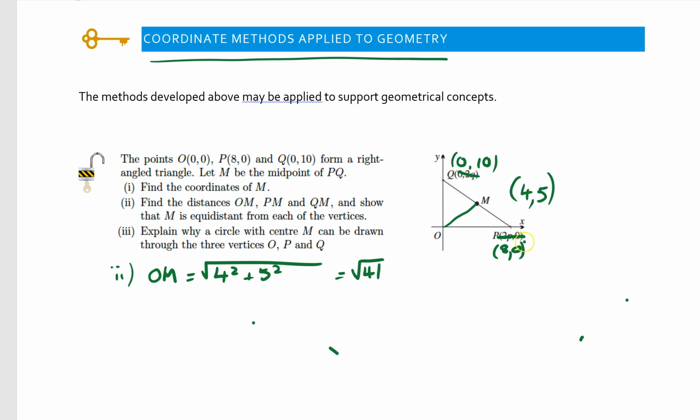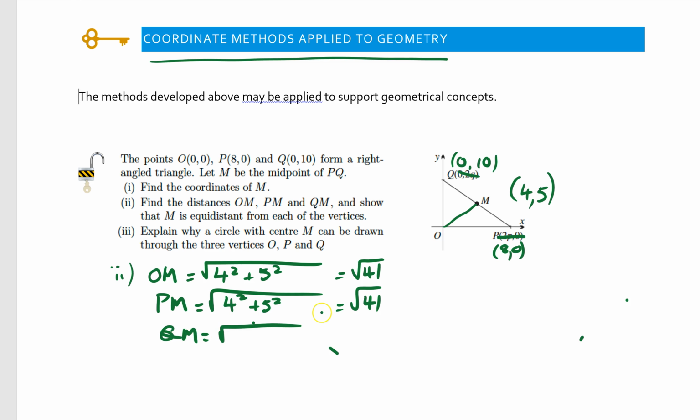PM, from (8, 0) up to (4, 5), so PM is going to be the square root of 8 minus 4, which is 4 squared, and 0 minus 5, which is 5 squared, so again root 41. I think we can see a pattern here.